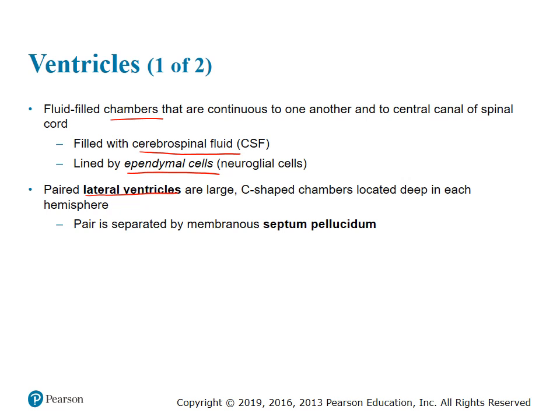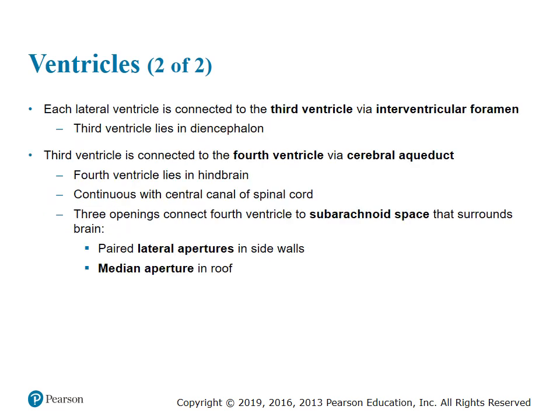The pair is separated by a membrane we call the septum pellucidum. Those pairs are both connected to one chamber we call the third ventricle. And we've got a connecting channel between them called the interventricular foramen. It connects the lateral ventricles to the third ventricle.